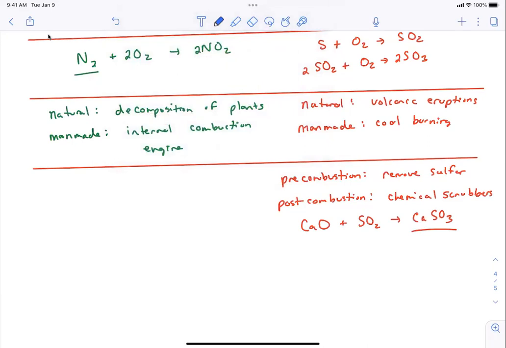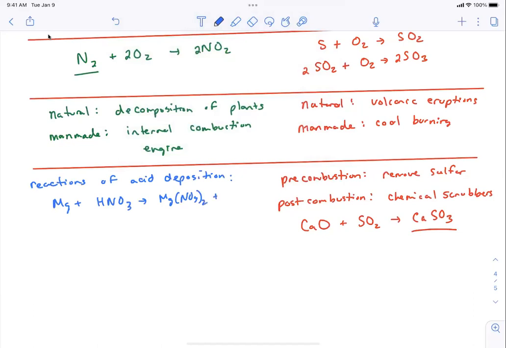Now, the thing I'm putting over left isn't just for nitrogen, so I'm going to change color here so you can visually see it, but you do want to know some of the general reactions of acid deposition, like with the environment, okay? And so you might see something like magnesium reacting with nitric acid to form magnesium nitrate and H2 gas.